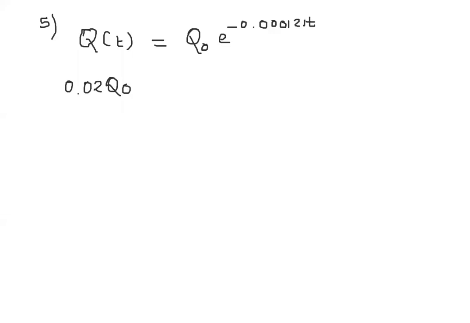So we have to use the model Q of t equals Q0 e to the power negative 0.000121t, where Q0 is the original quantity. So 2% is still remaining. That means 0.02 of the original, which is Q0.